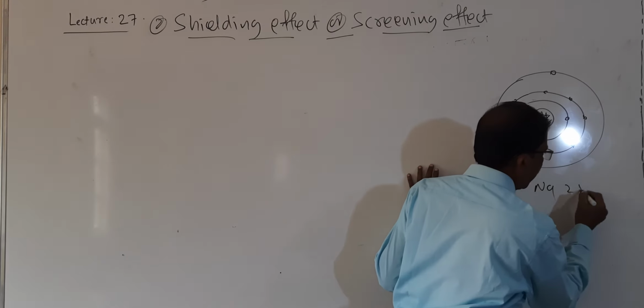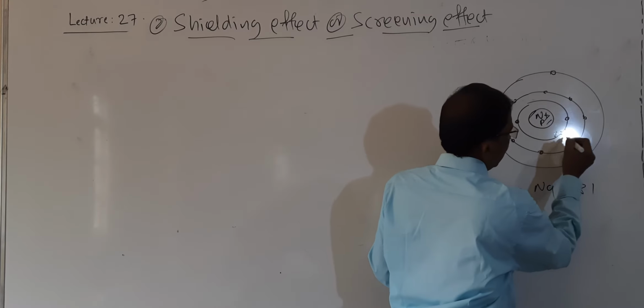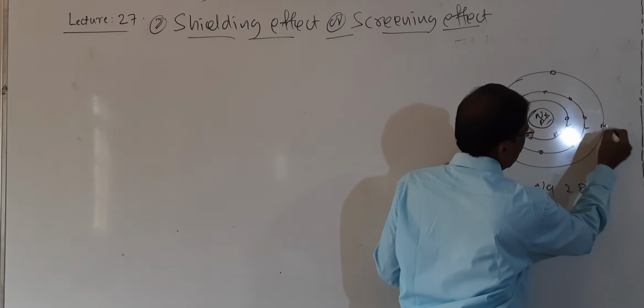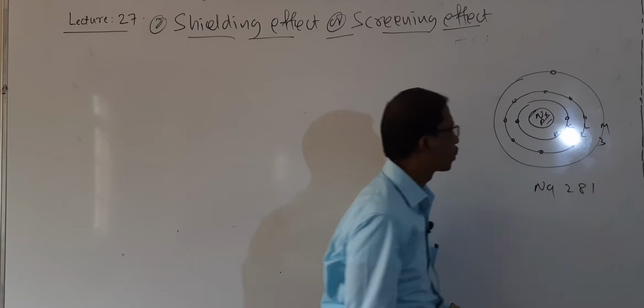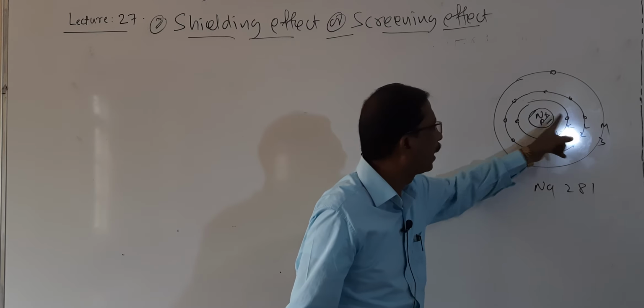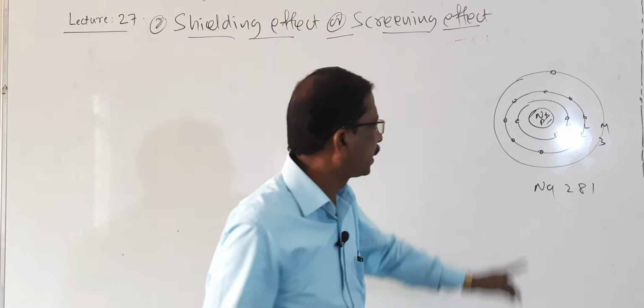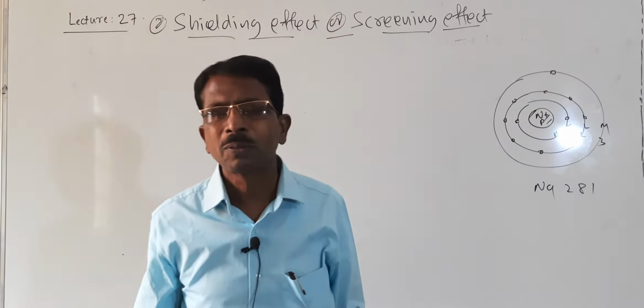It has 2, 8, 1. Two electrons in the first orbital, n equals 1, K shell, L shell, M shell. It is 2, 8 and 1. In the first orbital it has 2 electrons, in the second orbital it has 8 electrons, and in the third orbital it has 1 electron.